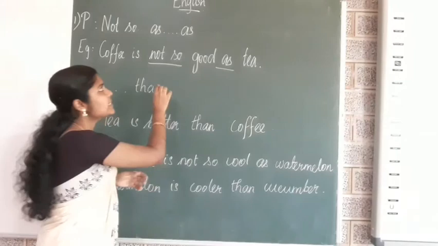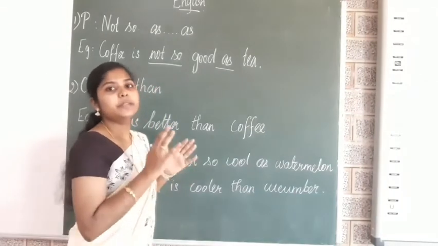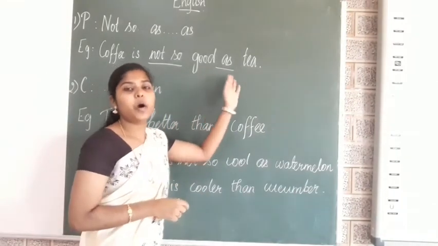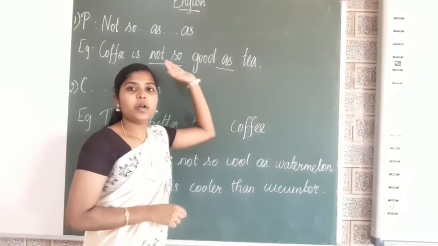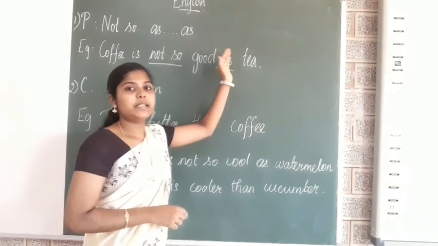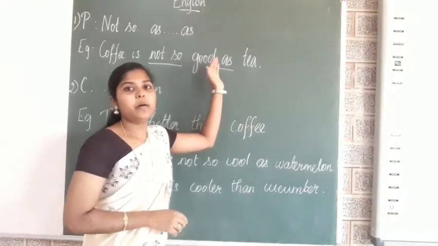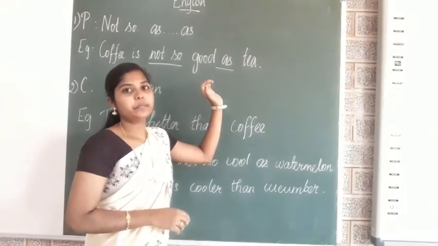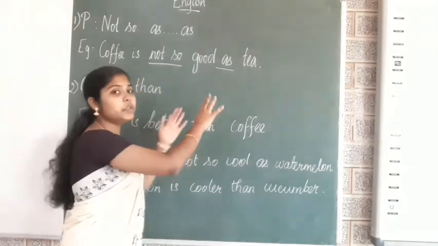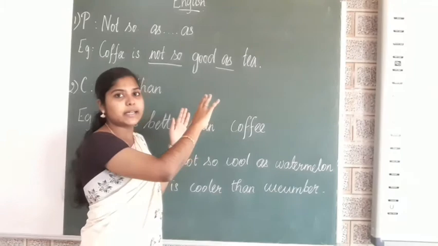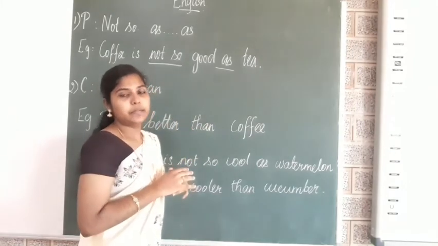Here, this is a positive degree or positive form of sentence. Okay, not so as. This is a positive form of a sentence. Now, we have to change this particular sentence into comparative.